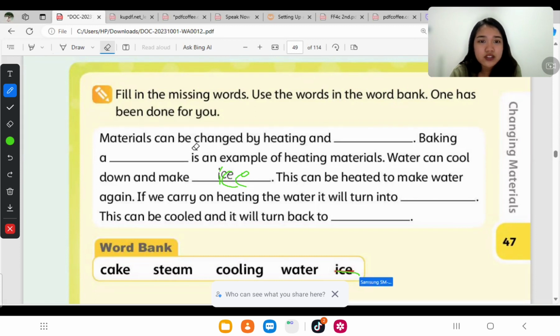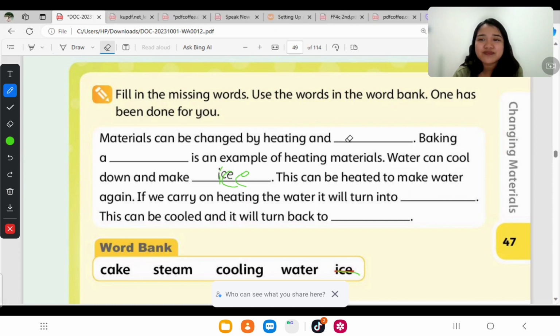Materials can be changed by heating and, here, cooling.